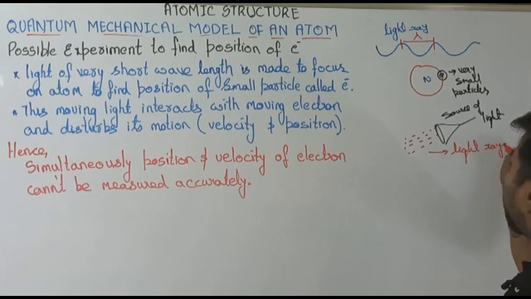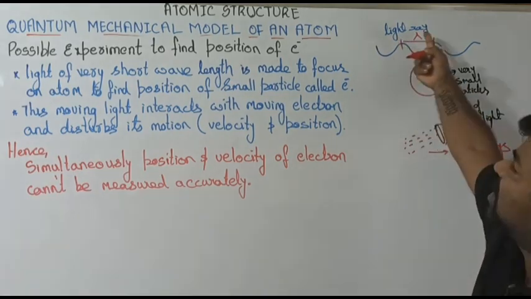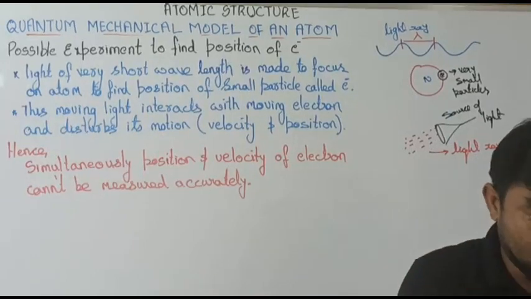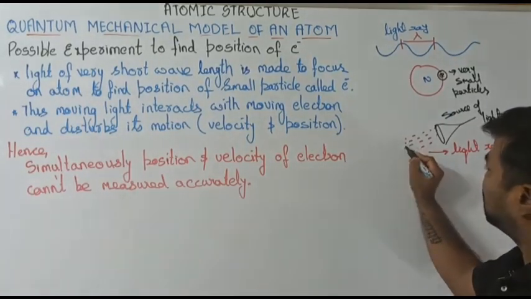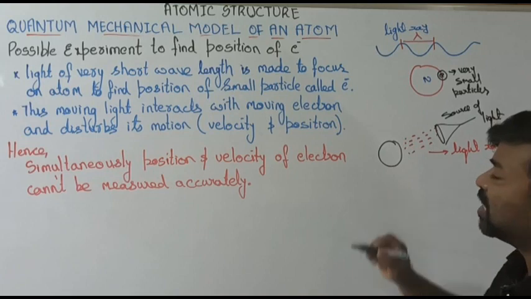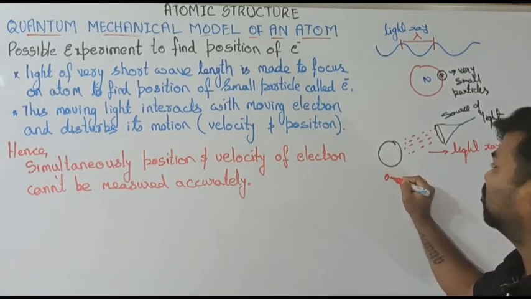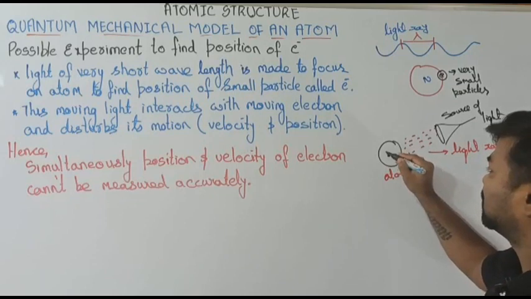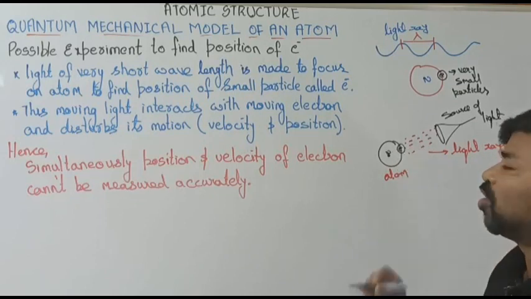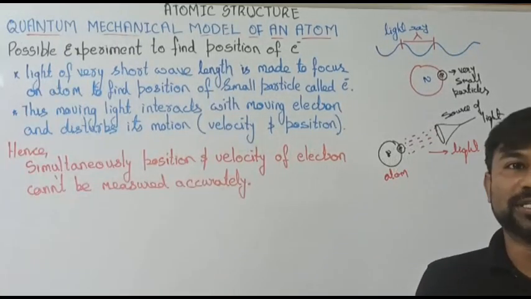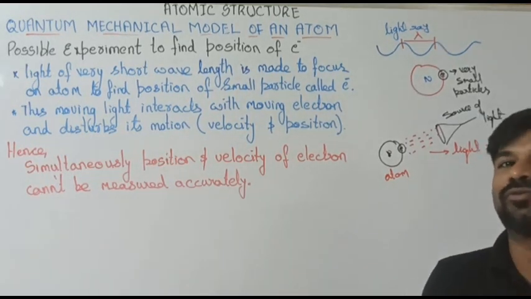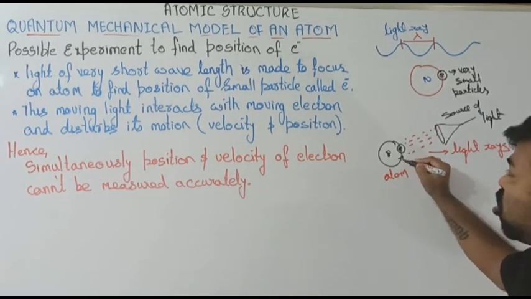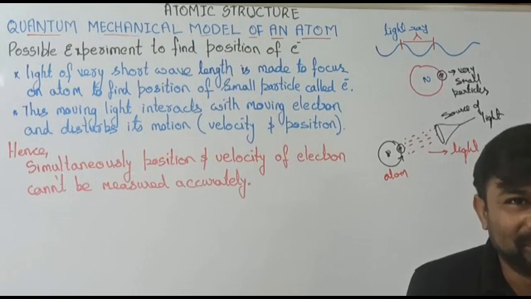Okay, of course, I said the wavelength of the light rays is very small, right? Now, let the light rays fall on an atom, right? So, of course, we have the nucleus at the center and the electron. Now focus here. You have to remember one thing, right? That is, the electron is in motion.